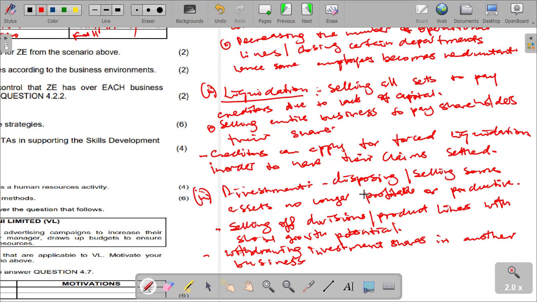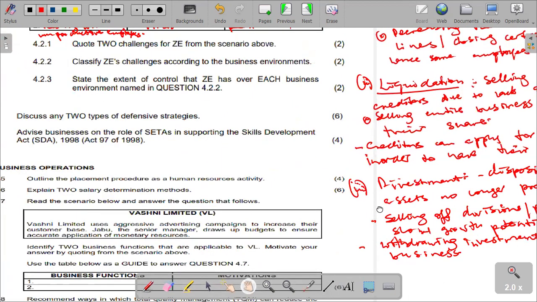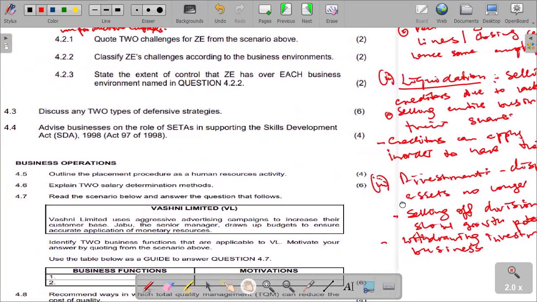There are no cash flows, so businesses need to raise money, which should be used in its operations in order to survive. That's the idea in this respect.